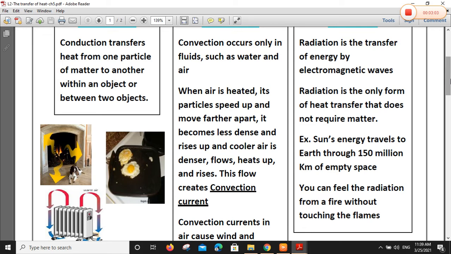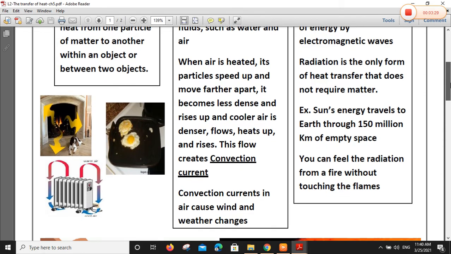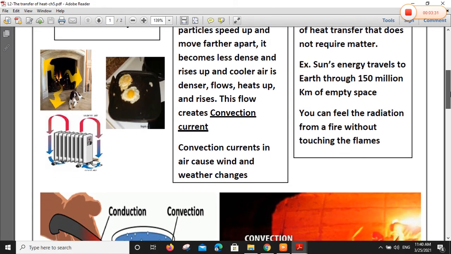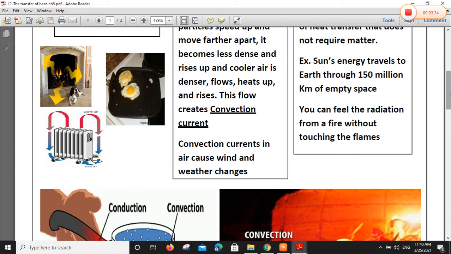The particles that gain energy rise up, and the cooler, denser ones flow down and heat up again and rise up, and so on until all particles are at the same temperature. This flow is called a convection current. Convection currents in air cause wind and weather changes.